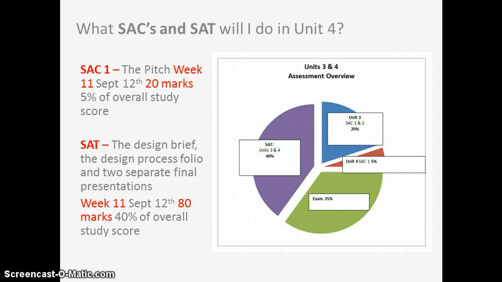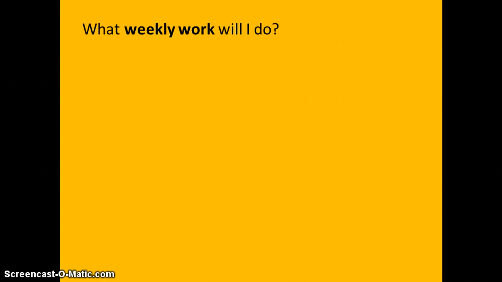That's actually your pitch. So that's the summary that you can present in whatever fashion you like, PowerPoint or present it live, and that's also due in week 11. You can see the exam there is worth 35%, and your total marks for Unit 3 are worth 20%.